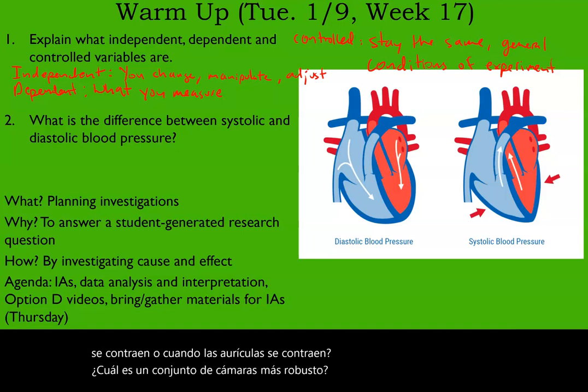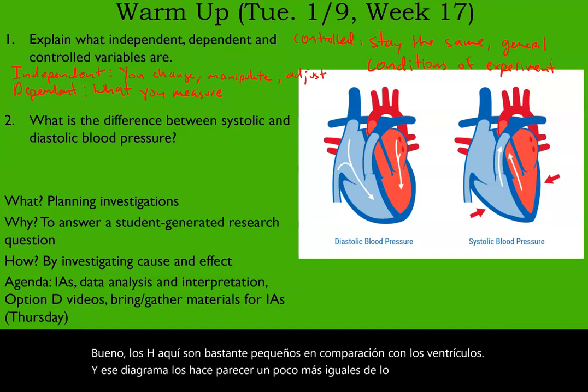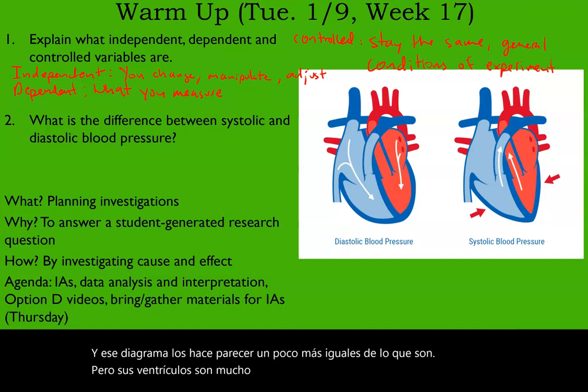Well, the atria are pretty small compared to the ventricles. And that diagram kind of makes them look a little more equal than they are. But your ventricles are a lot beefier, they're stronger, it's more muscle mass when it contracts.